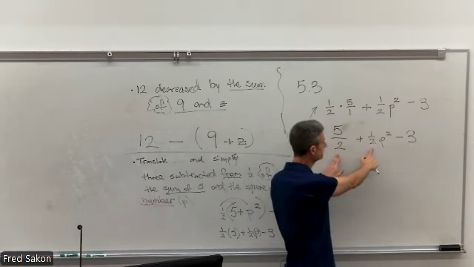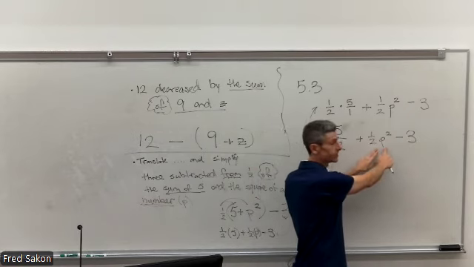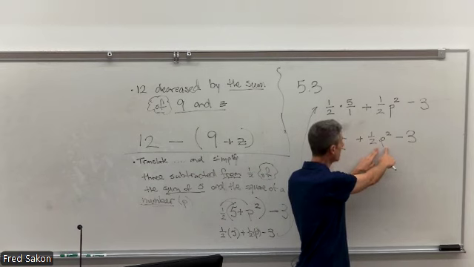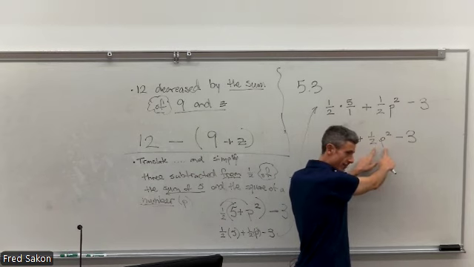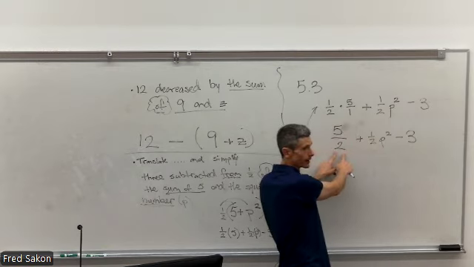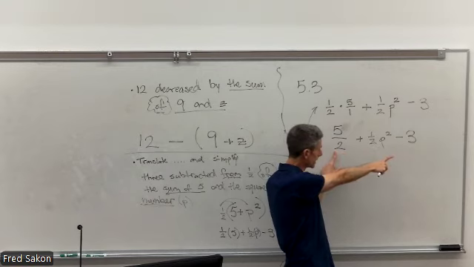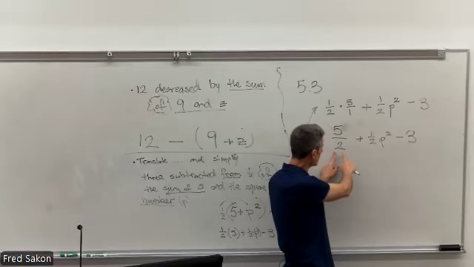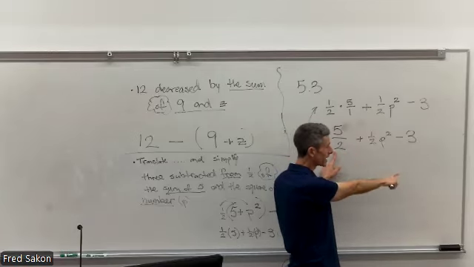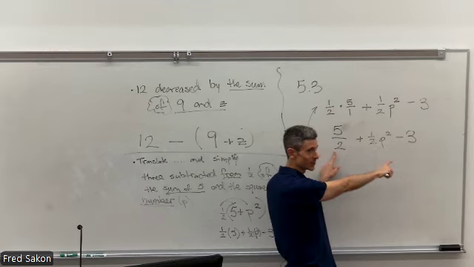This one's attached to the variable, so watch out for that. Variable term here, constant term here is how we want to think about this. Do I have any other constant term? Minus 3. That's another constant term, another number without a variable. So 5/2 can be combined with minus 3. I know we don't want to do it, but it can be.